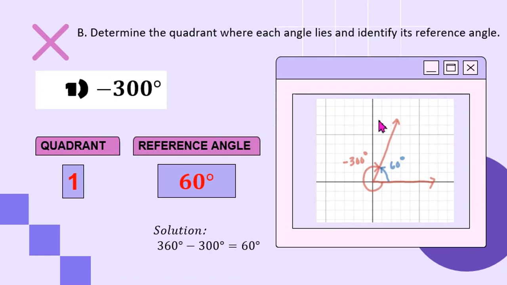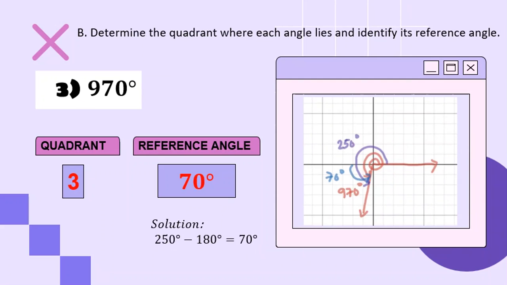And each quadrant is 90 degrees, so if you already have 30 degrees here, 90 minus 30 is 60. Sorry, our reference angle is 60 degrees. Or you can refer to this solution that I put here. One full revolution is 360. So in order for this red to reach this positive x-axis, we need 60 degrees more. So our reference angle is 60.